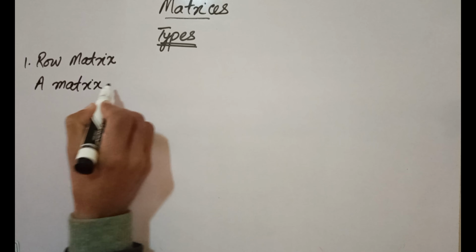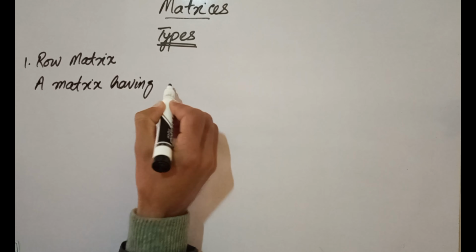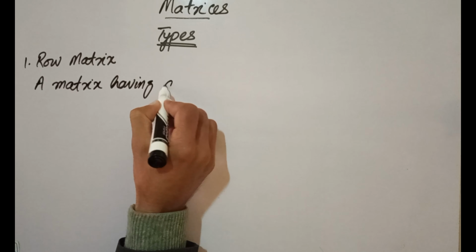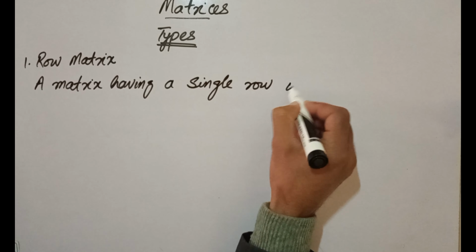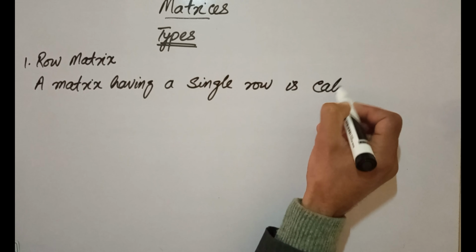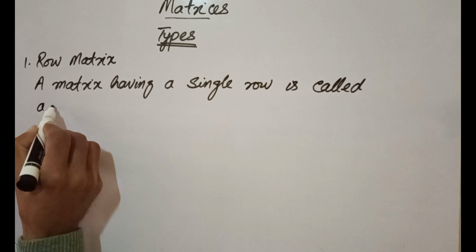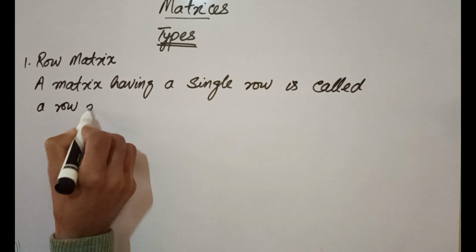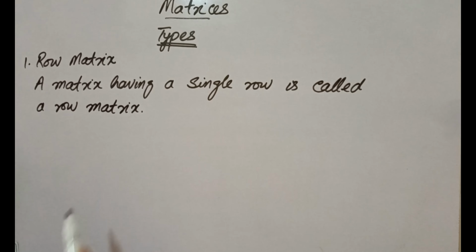A matrix having a single row is called a row matrix.